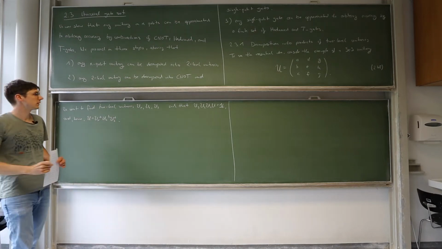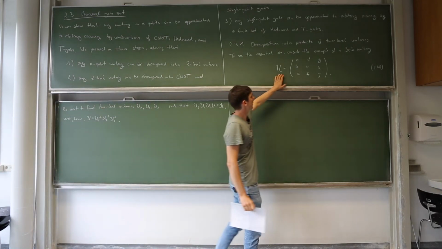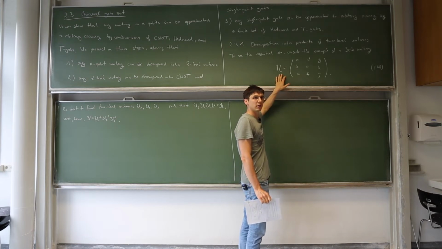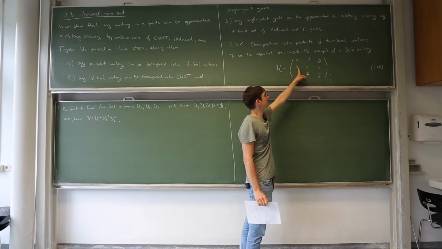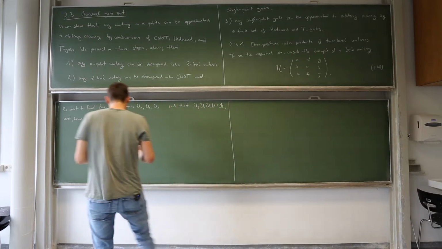So let's first go back to this unitary. What we do now is we take a two-level unitary such that this element B is eliminated. Such that if we multiply it with U1 from left, in this entry B we get 0. This is the first step that we do.